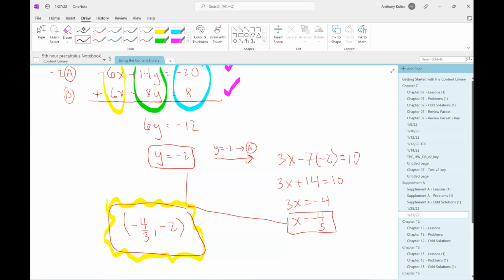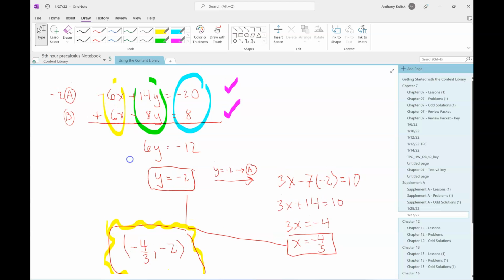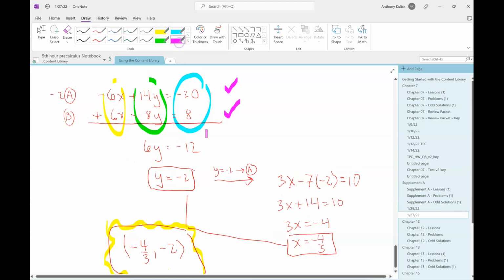Again, if I do one of these eliminations and I get something like 0 equals 1, that's no solution, or like 0 equals 0, that's infinitely many solutions. Everybody's okay with that? However, x equals 0 is fine.